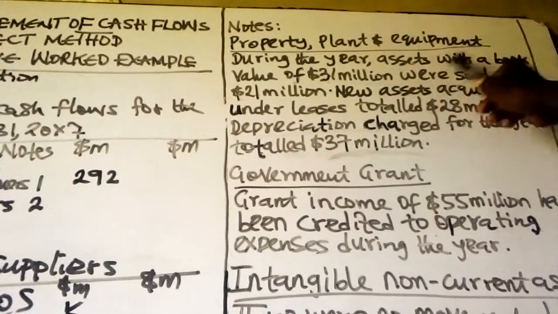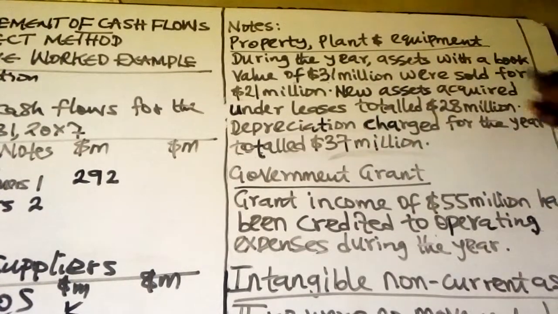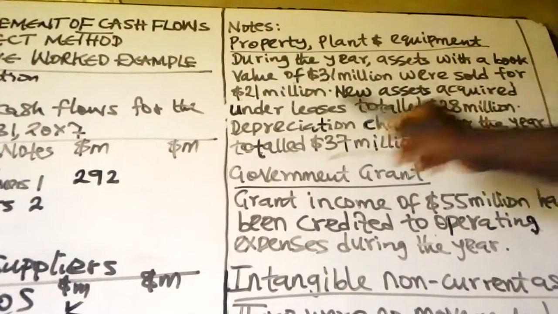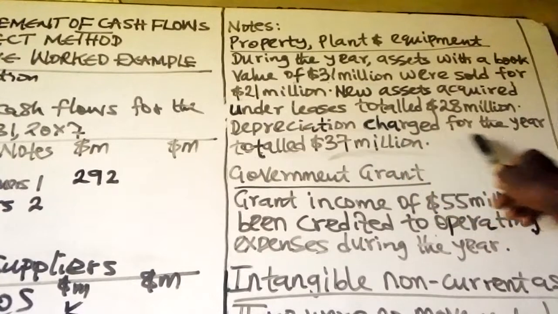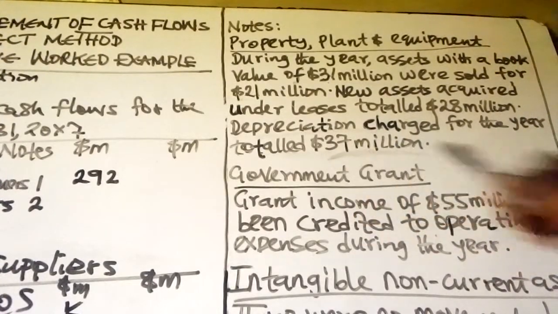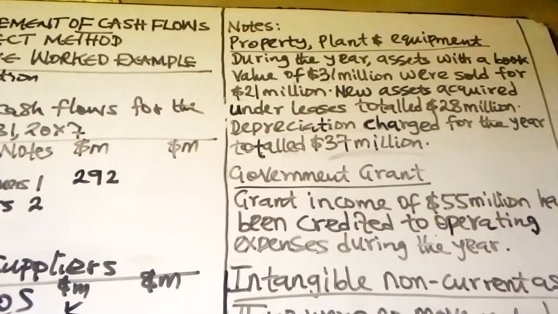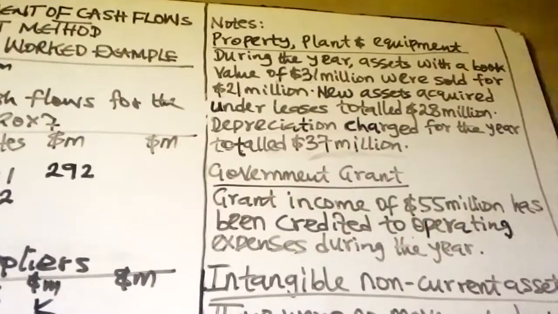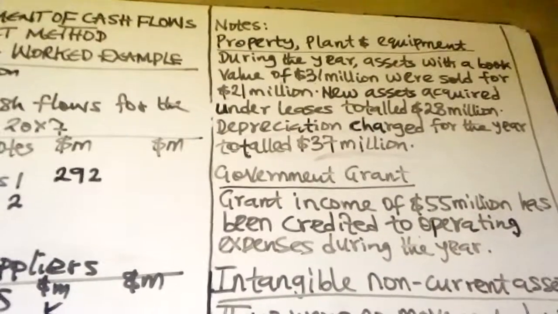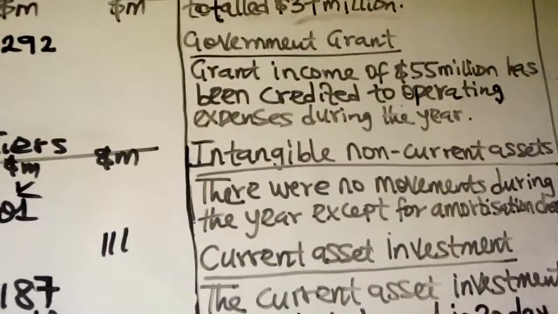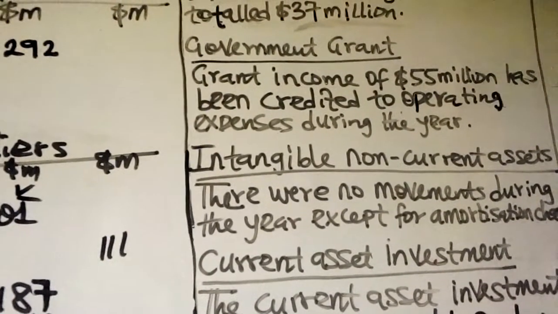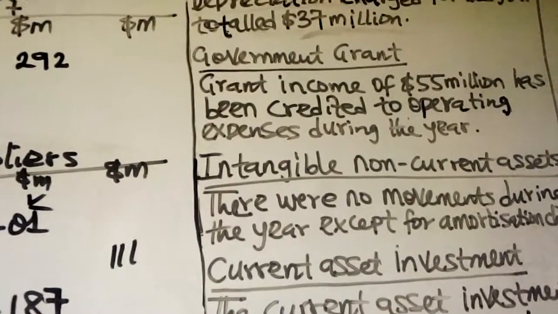During the year, assets with book value of 31 million were sold for 21 million. New assets acquired under leases totaled 28 million. Depreciation charged for the year totals 37 million. You have not been told that depreciation is charged to cost of sales. So we assume that the depreciation will be charged to administrative expenses, since you have not been told that they have been charged to cost of sales.